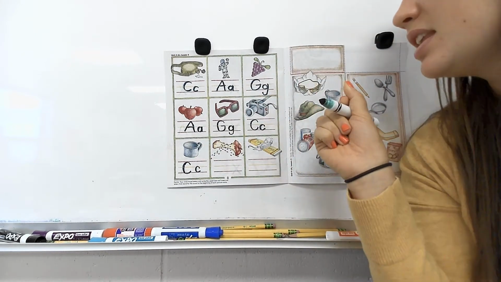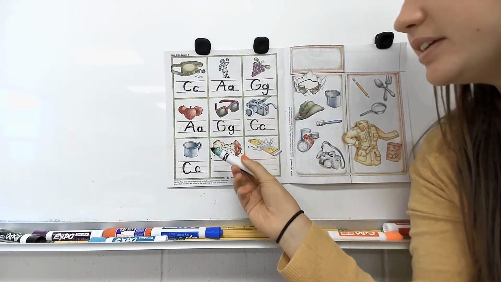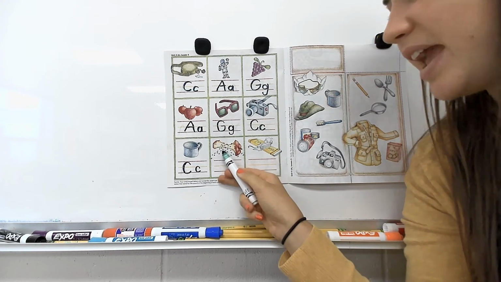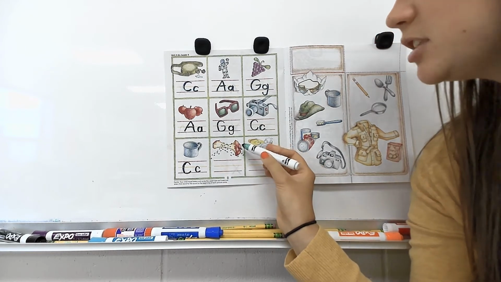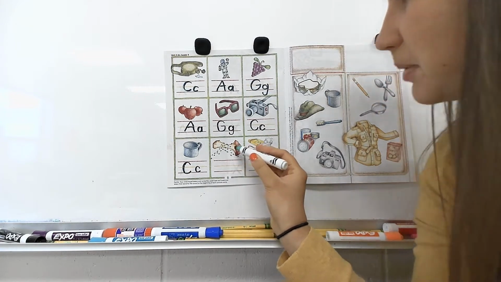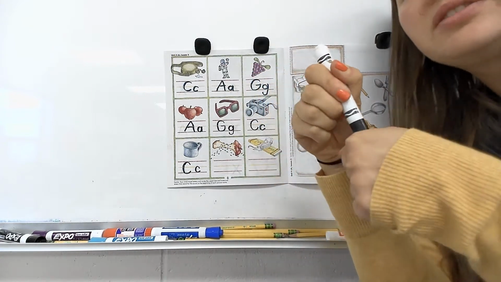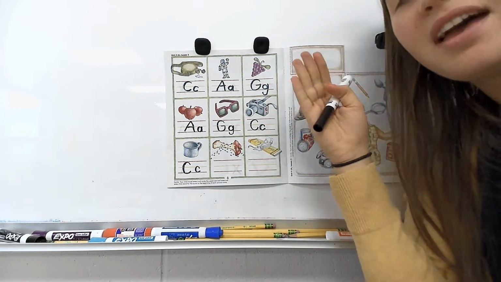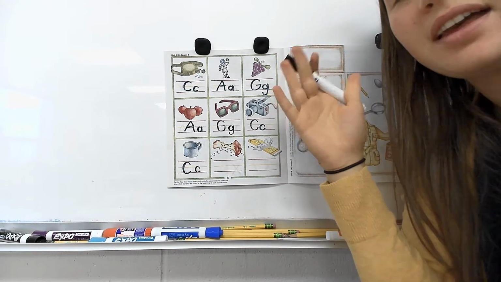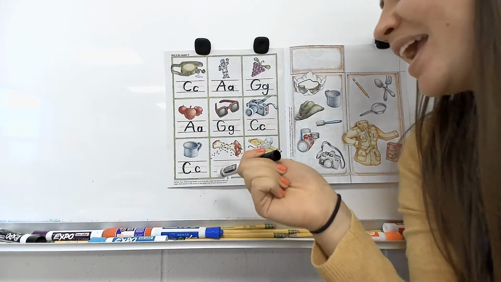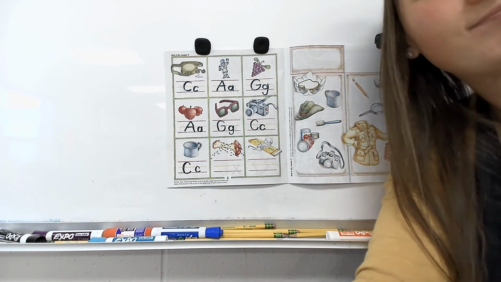All right. Let's look at the next one. We got all these ants on here, but we're going to talk about the ants. I'll say it and then you say it. Ants. Your turn. Ants. What does ants start with?